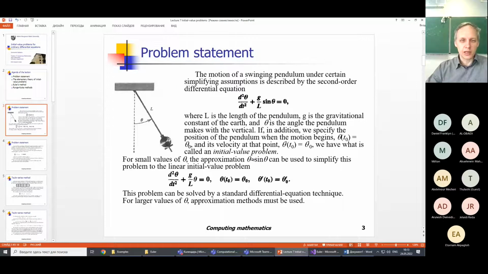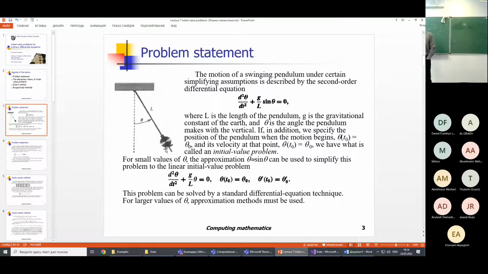Suppose that we have a pendulum, and suppose that we want to find not an equation, but the function that describes the motion of the pendulum. The picture is written here. I just repeat this picture.